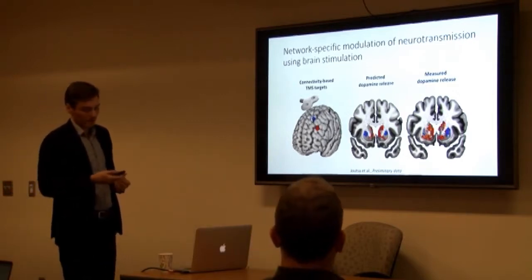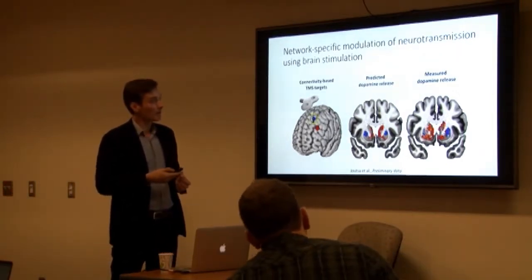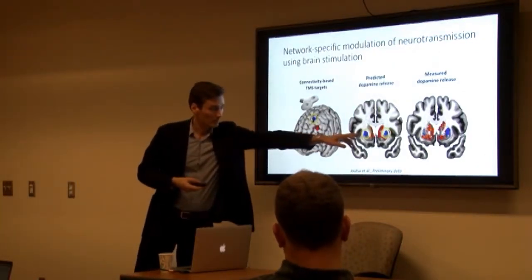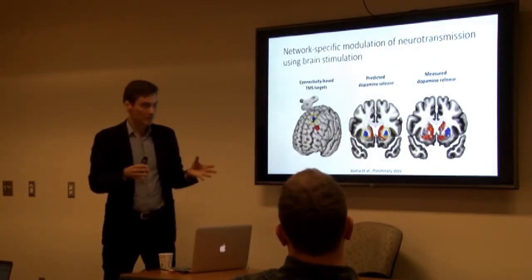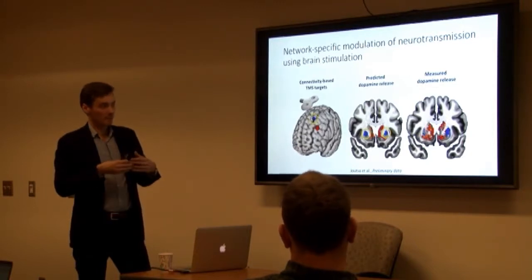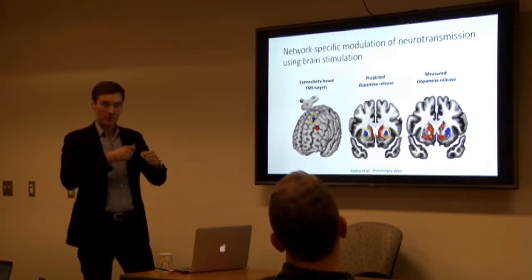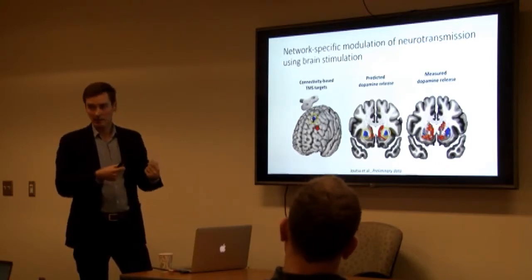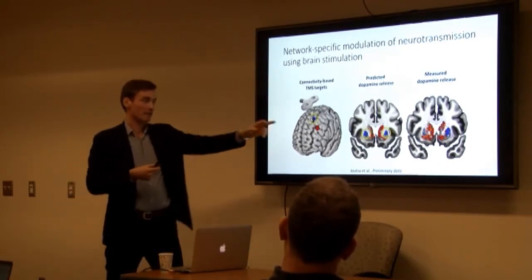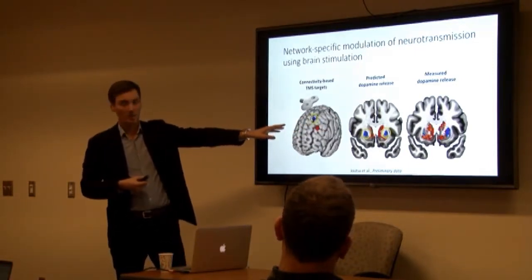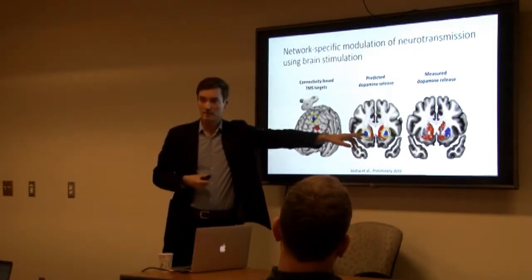So we took some regions that represent different network areas in the striatum, used these as seeds for resting state connectivity analysis, defined which prefrontal cortex regions are most connected to these sites.